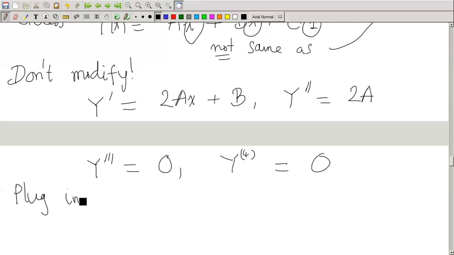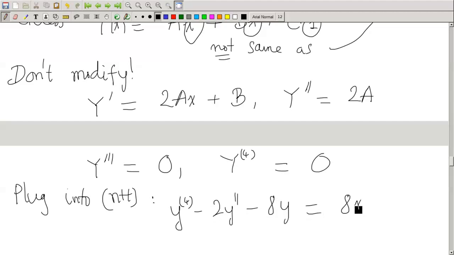Now we plug into the non-homogeneous equation. Y fourth derivative minus 2y double prime minus 8y equal to 8x squared. And as before, we should have plus 0x plus 0 times 1, the constant.